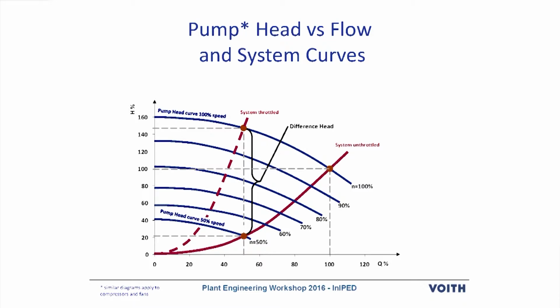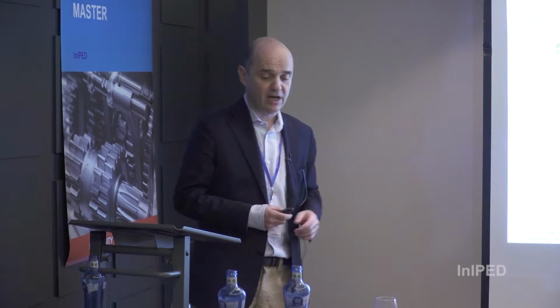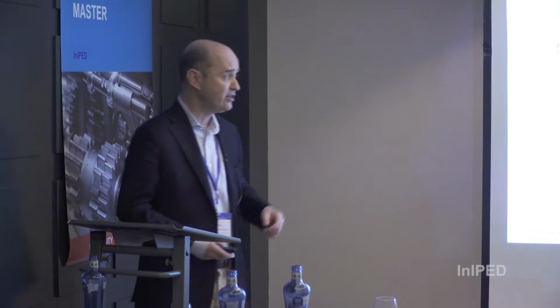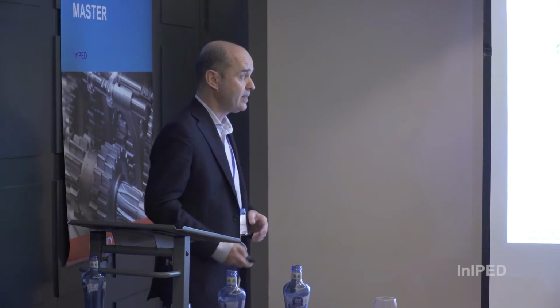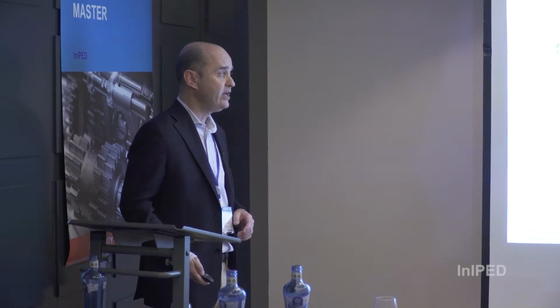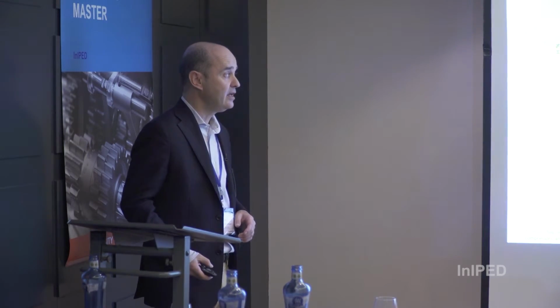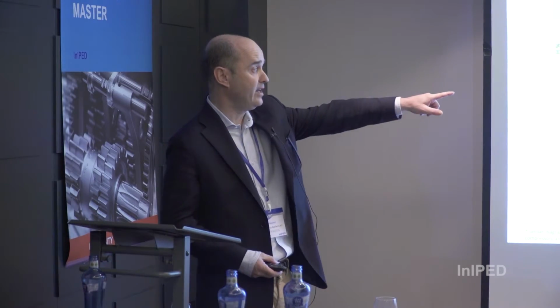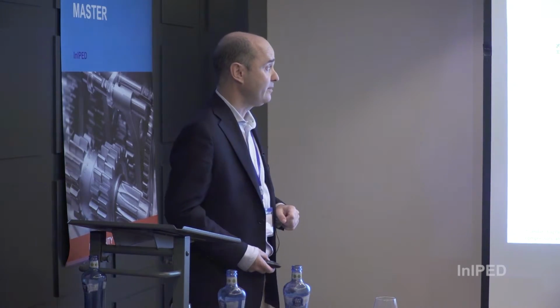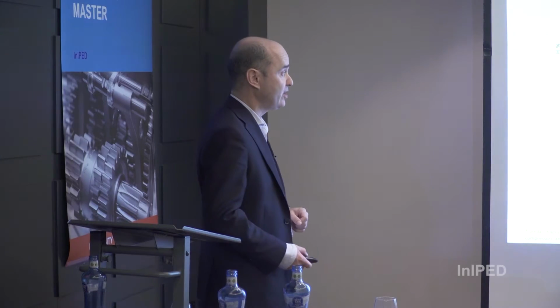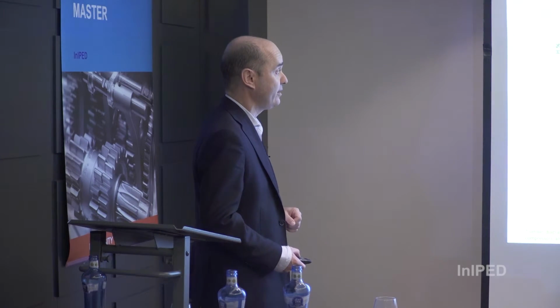Now, if we want to reduce, for instance, the output of the pump to have a smaller flow rate, we have two possibilities. One possibility is to act on the plant characteristic, which means we make it steeper, for instance, by throttling. And if we do it, the operating point moves from the right to the left, and the new operating point is the one which you see here.